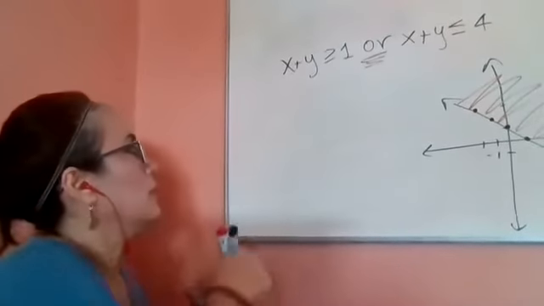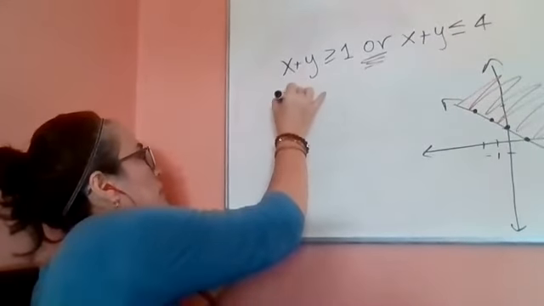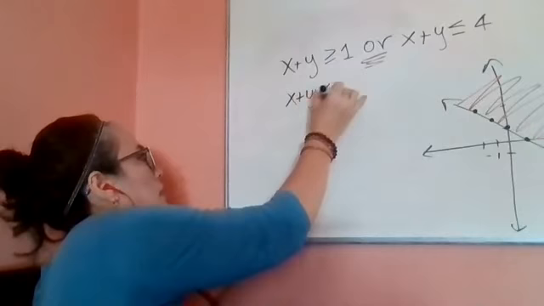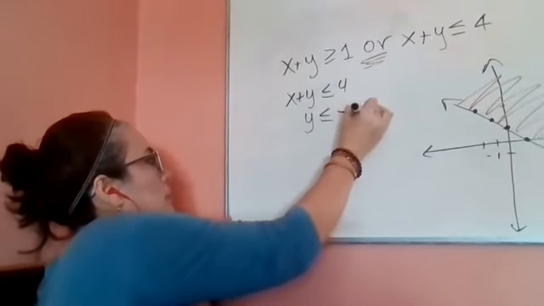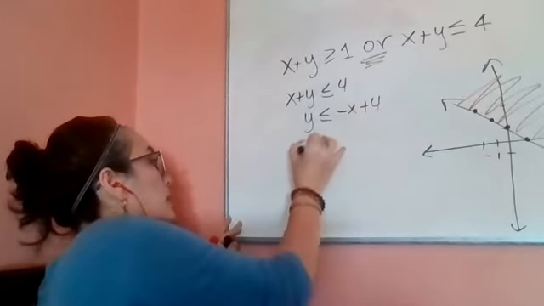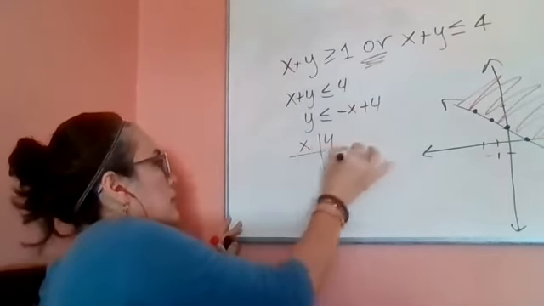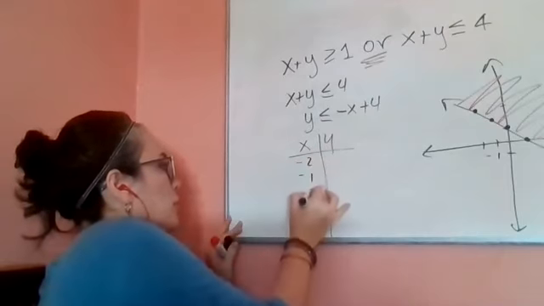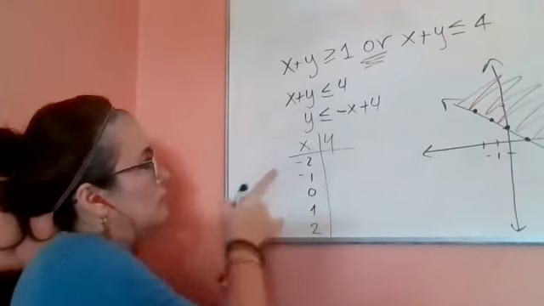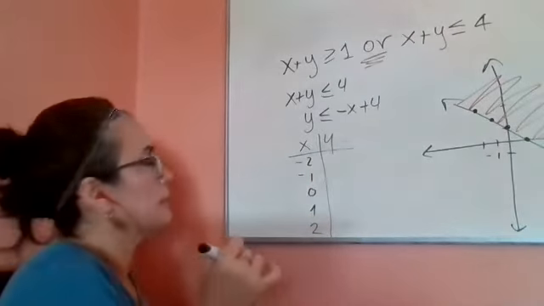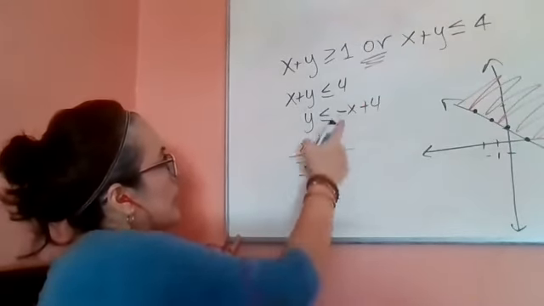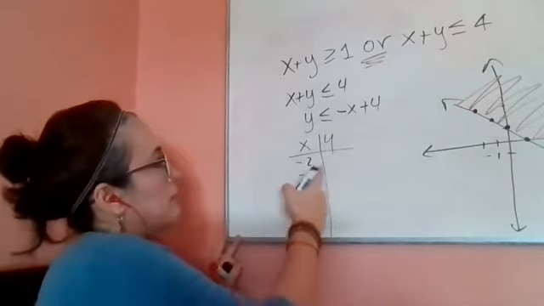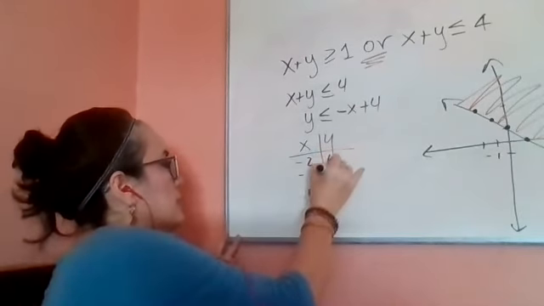I'm going to do the second one and the rearrangement as well. And I get y is -x plus 4. I'm going to do my table. -2, -1, 0, 1, and 2. I'm going to do mental math to make it a little bit faster. So negative and negative is going to become positive. 2 plus 4, 6.